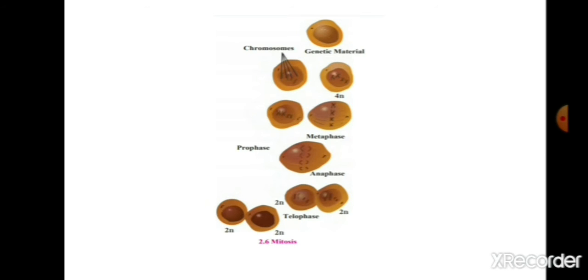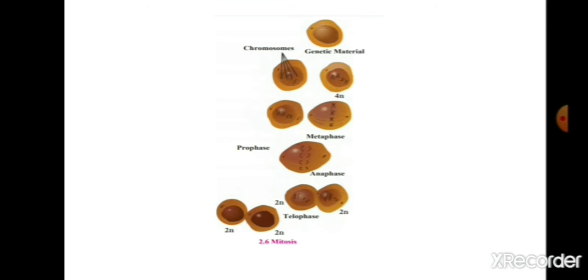Now you can see the diagram of the chromosomes on the screen. A pair of such chromosomes is present in the 2n condition, whereas a single chromosome of each type is present in the n condition, and their structure is shown in the figure. Now let us start with mitosis.